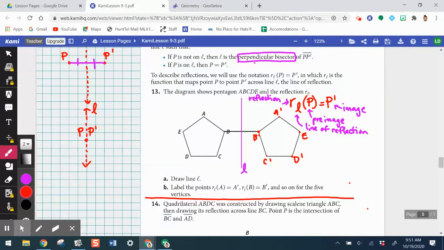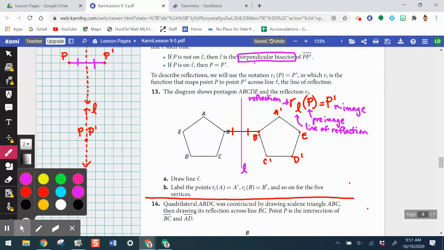The distance from B to the line of reflection was congruent to B prime to the line of reflection, and line L was also perpendicular to that segment. That's why they're telling us, if P is not on the line of reflection, then L is the perpendicular bisector of P P prime. Or in this case, line L is the perpendicular bisector of B B prime. And so that's how I did it.